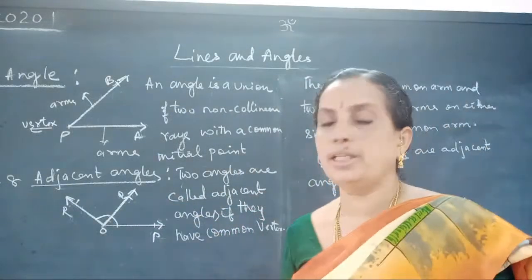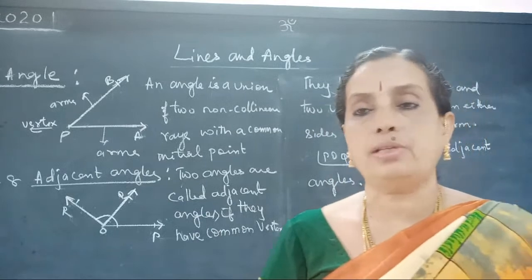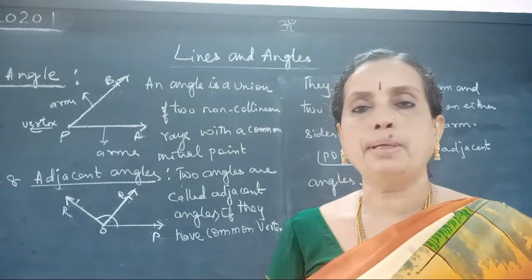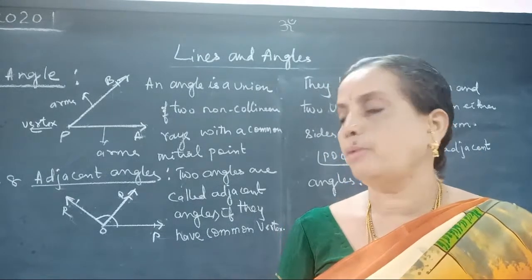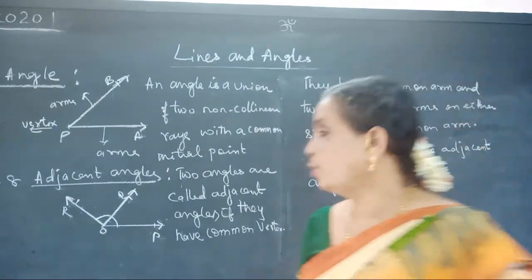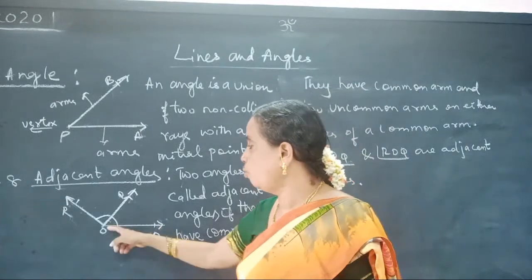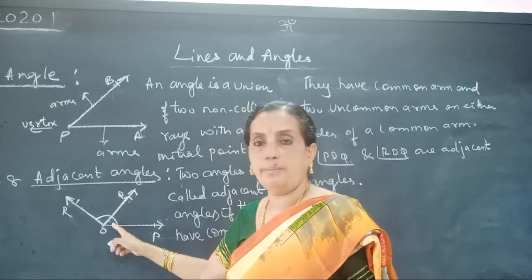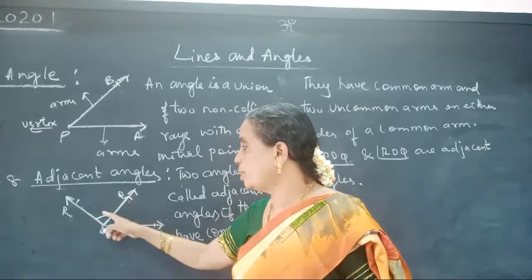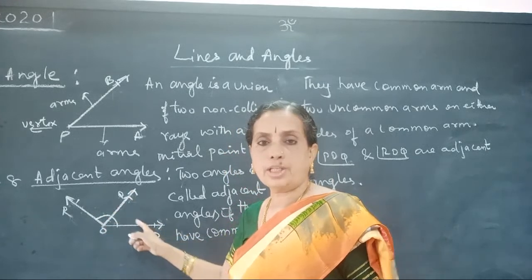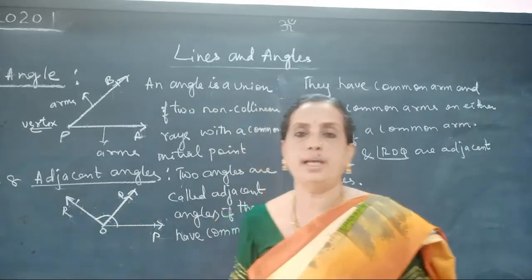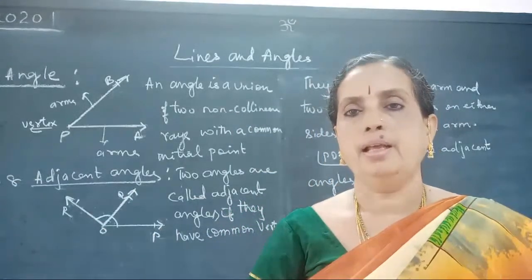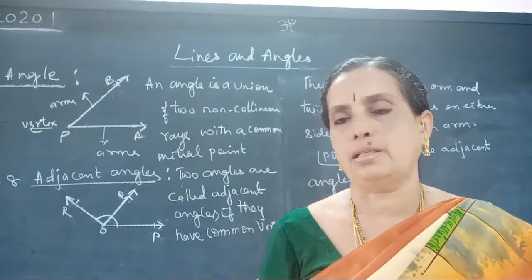Always we mention these adjacent angles with three letters only. We cannot write angle O; it's not a complete angle. Whenever we mention adjacent angles, we use three letters P, O, Q, where the middle letter represents the angle, and R, O, Q, this portion. Such angles we call adjacent angles, neighboring angles.